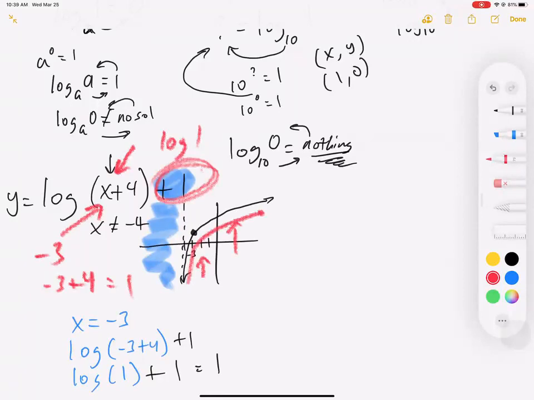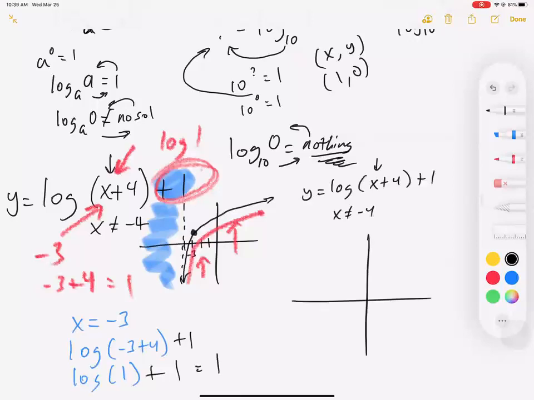So if I was drawing this graph quickly, y is equal to log of x plus 4, plus 1, I would say first, x can't be negative 4. Draw that line. Negative 4. Can't pass that line. Okay, let's find our 0. If I plug in negative 3, log of 1 is 0, and then 0 plus 1 is 1. I have 2 points.